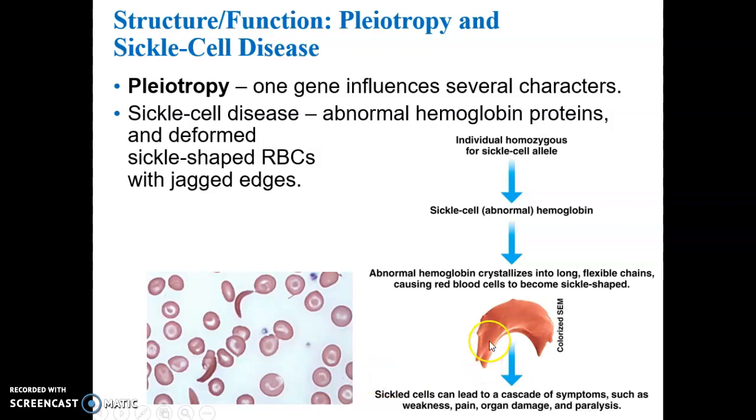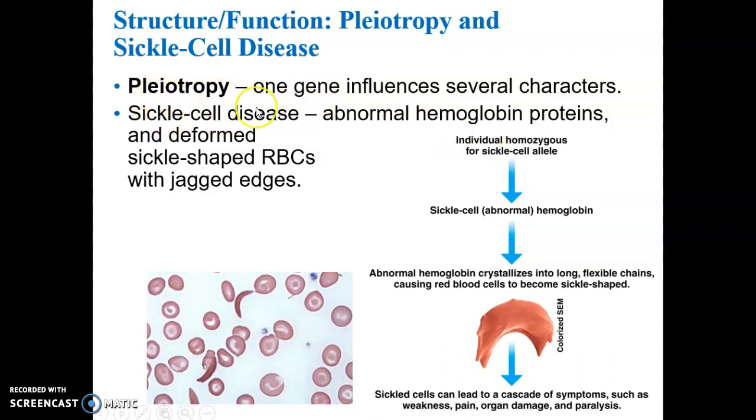Okay? Then the misshapen blood cells can clog small blood vessels called capillaries, and it can lead to pain, organ damage, and even paralysis. So it's a whole cascade of events from simply one malformed or dysfunctional gene or allele.